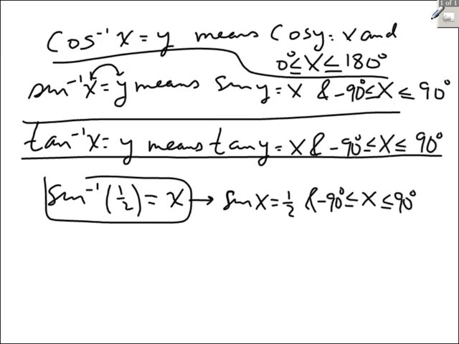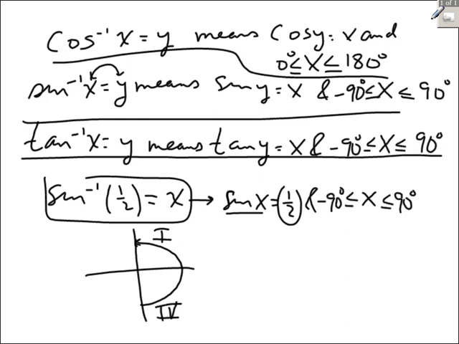Well, so let's draw something. So you're somewhere between -90 and 90. That is x is either in quadrant 4 or it's in quadrant 1. Since the sine of x is a positive answer, that means we are in quadrant 1, because sine is positive in 1 and negative in 4.